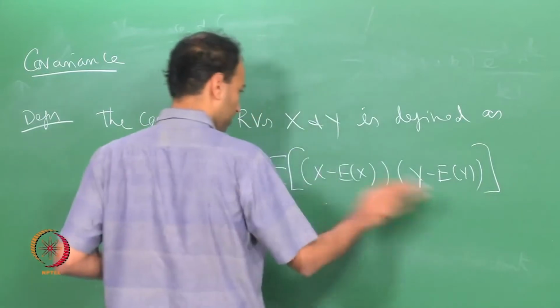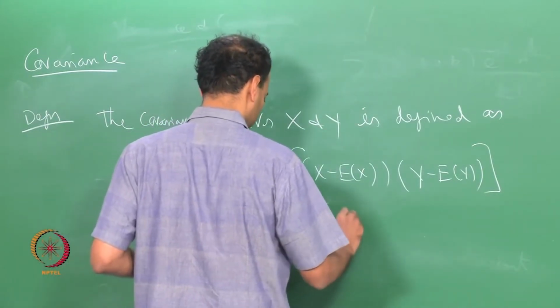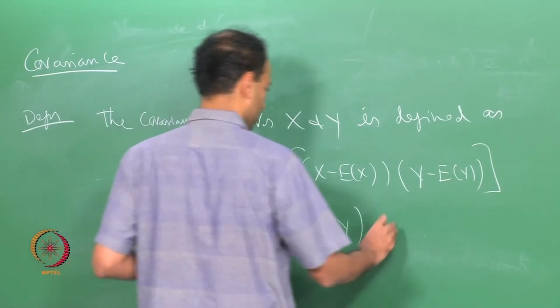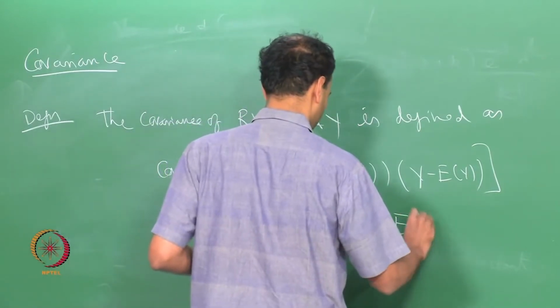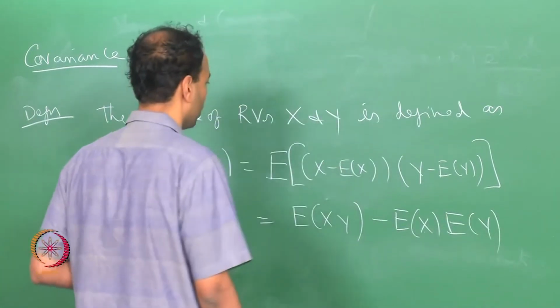And if you simplify that, you get expectation of x y minus expectation of x times expectation of y.